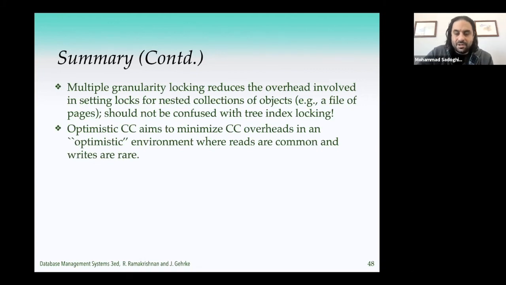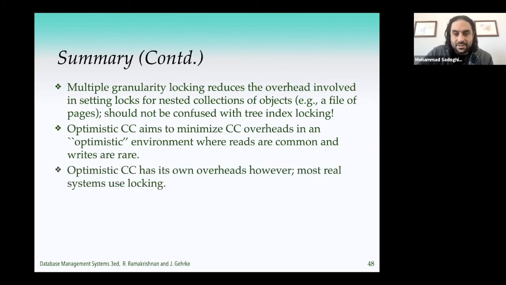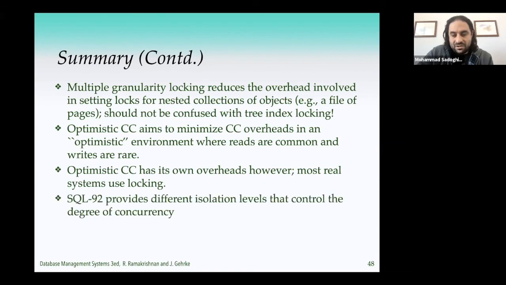So that was our multi-granularity, and then again, the different optimistic concurrency control and the different isolation levels that we also talked about. So this final slide of serializability, repeatable read, read committed and read uncommitted.